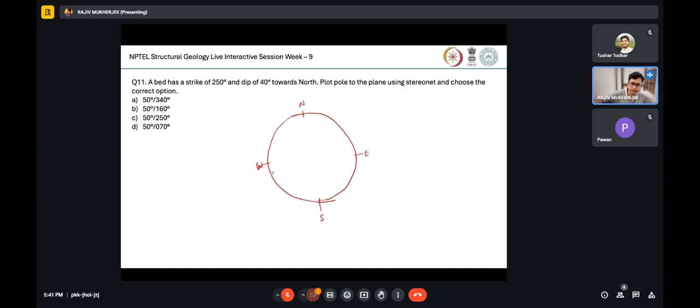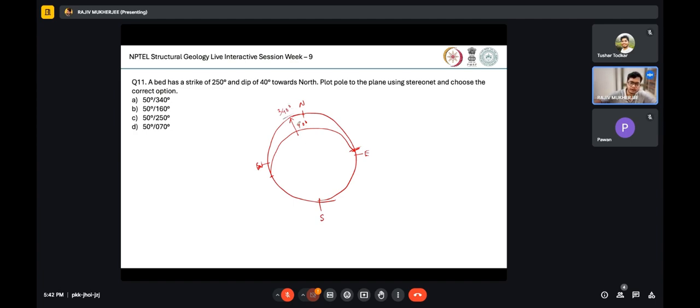So 250 would generally lie like this, right? So this would be the bed. This is 40, close to north, not directly north. It would be around 340, the dip direction, by the right hand rule.